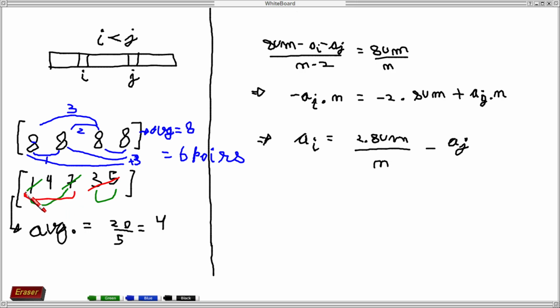And the average of 1, 4 and 7, that is 1 plus 4 plus 7 divided by 3, is again 4. So here we are getting two pairs, 1 and 7, and 3 and 5.